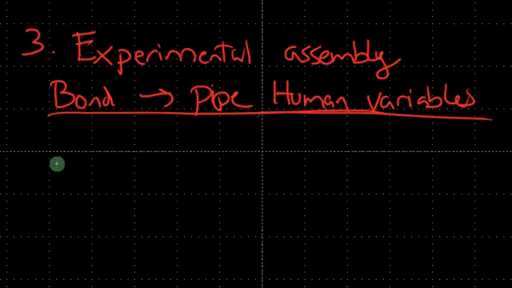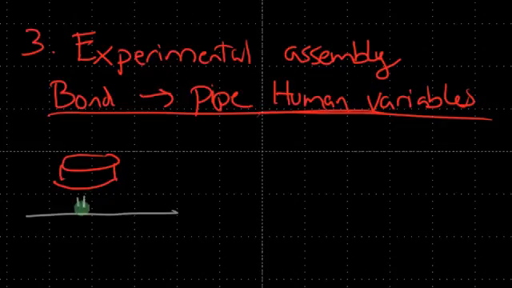So when you bond a piezoelectric, so we have this disc, and now we want to, let's say, bond it to this substrate here. After we have bonded it, you apply an electric field.